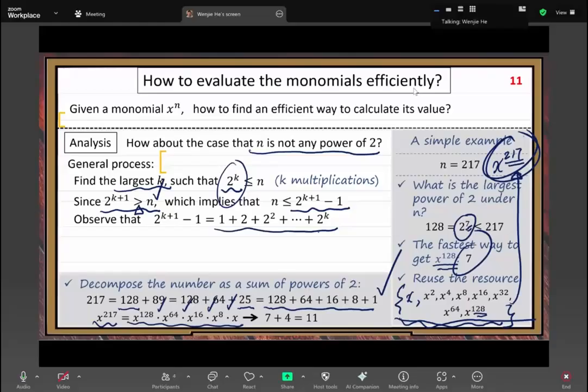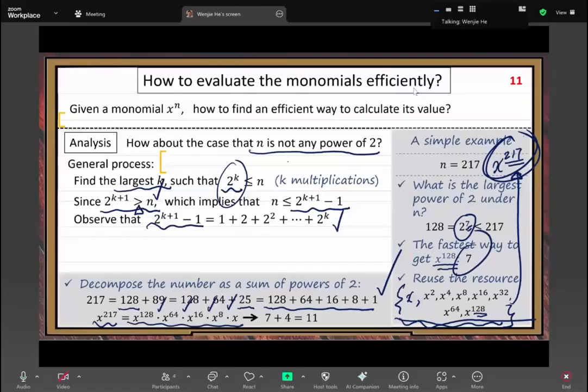When we apply the formula and do the summation of the geometric series, we have this formula. If you calculate the summation of this geometric series, your answer is this one. Now you see this number is the largest in this range, right?